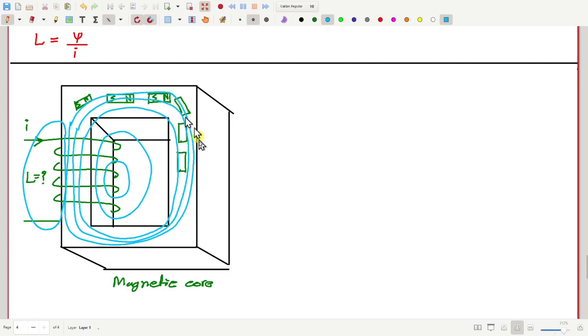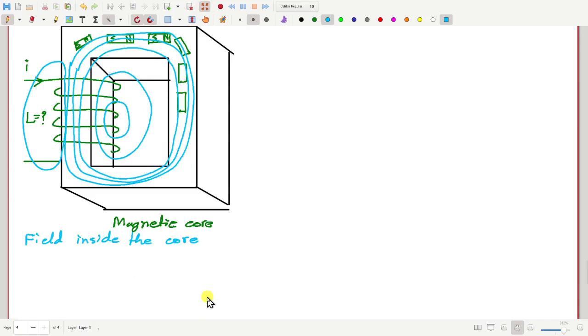Therefore, the field inside the core will be much stronger than outside.